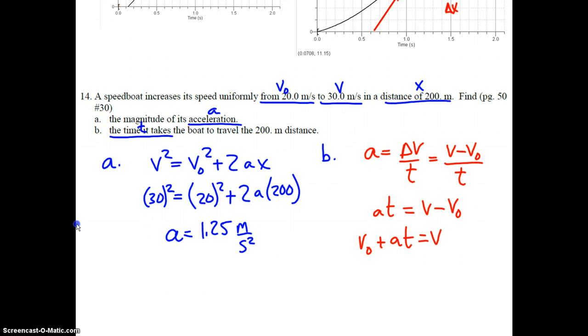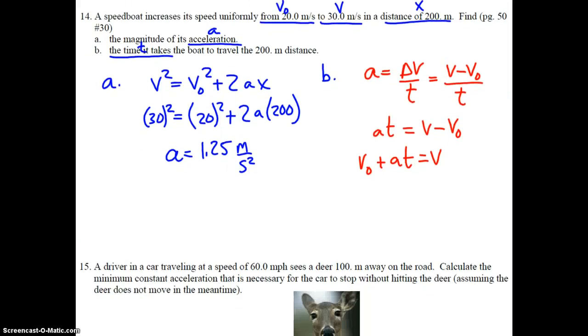And essentially what you have rearranged is the equation that's provided in the reference table. I would encourage you to use this version of that equation because it takes away from you having to remember; this is just a direct substitution equation. So we'll start with v equals v0 plus at.